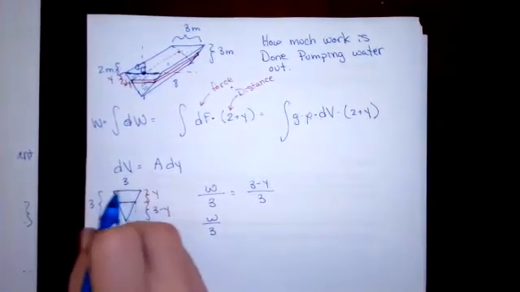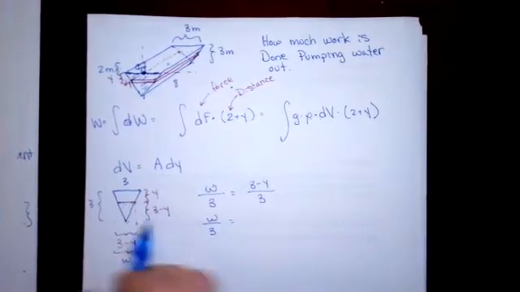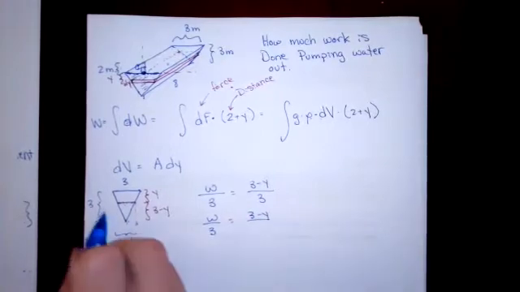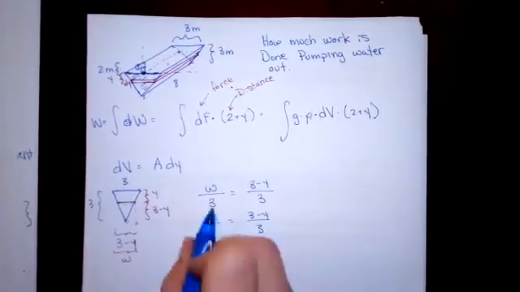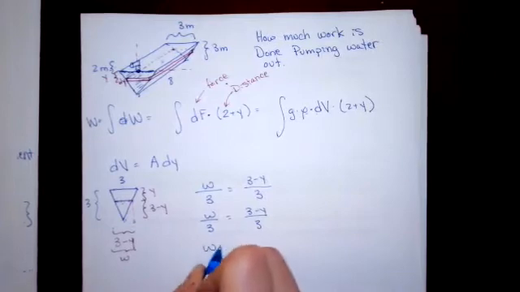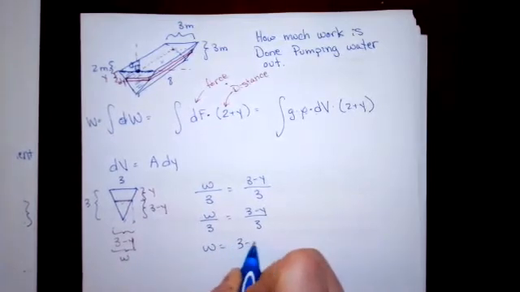So this width to this width has to be the same ratio as this height to the full height. Of course, since both dimensions are 3, those are exactly the same ratios. And then when you multiply the 3 over, you find that the width was 3 minus y.